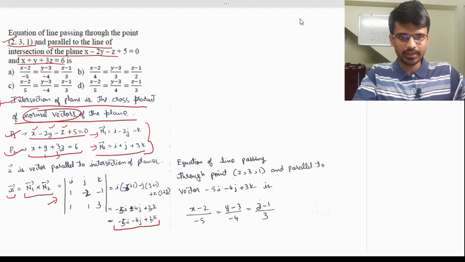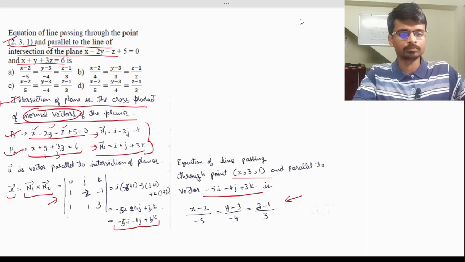So we have the point given in our question, and we have found the parallel vector. Using this, I can write my equation: x minus 2 divided by minus 5 equals y minus 3 divided by minus 4 equals z minus 1 divided by 3.